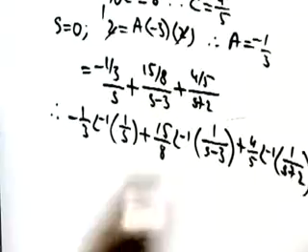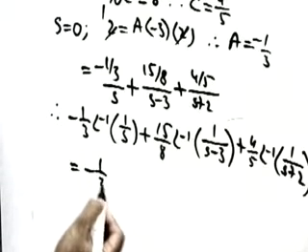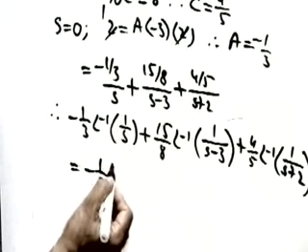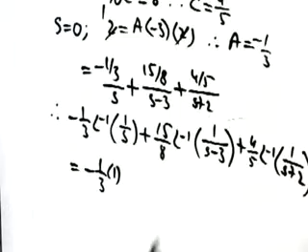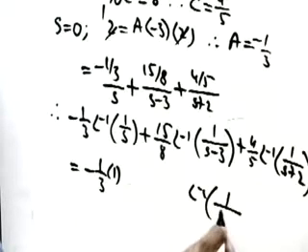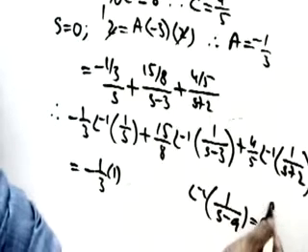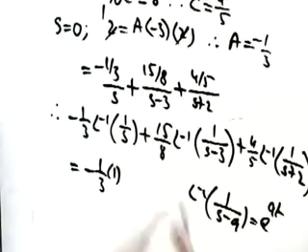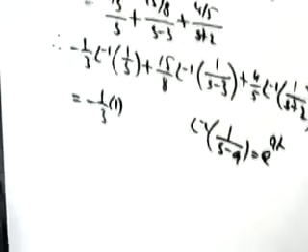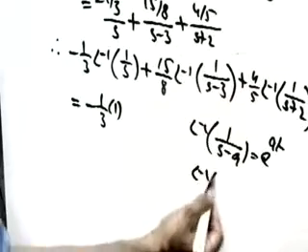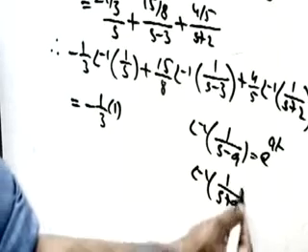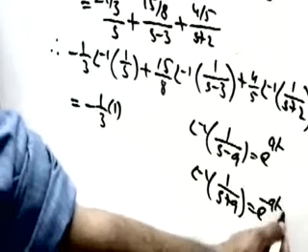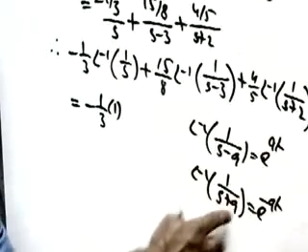Now let me use the formulas here. This is a direct formula: equals to minus 1 by 3 into Laplace inverse of 1 by s is 1. Now Laplace inverse of 1 by s minus a is e power at. We have already written this formula. Suppose you are having Laplace inverse of 1 by s plus a, you write e power minus at.